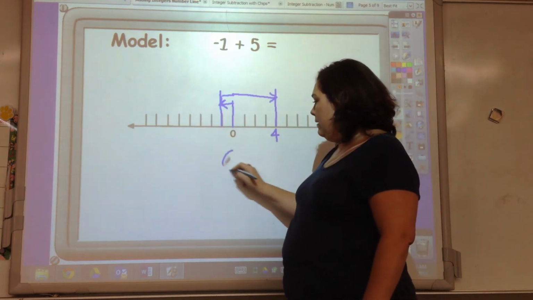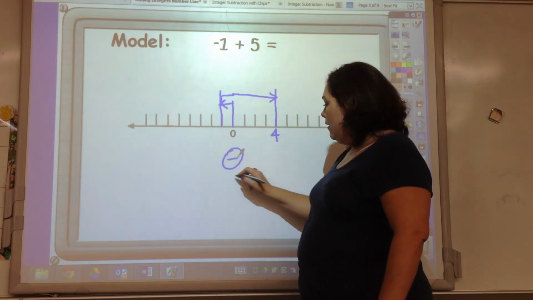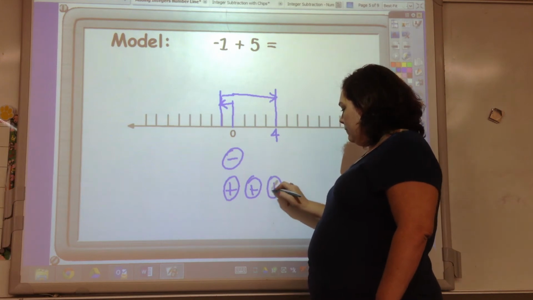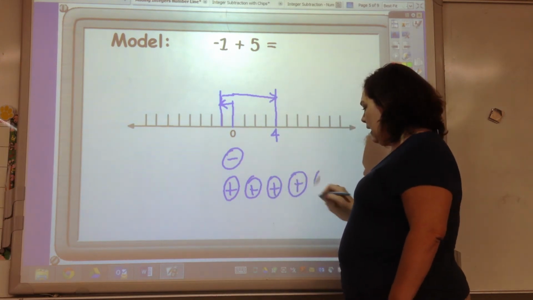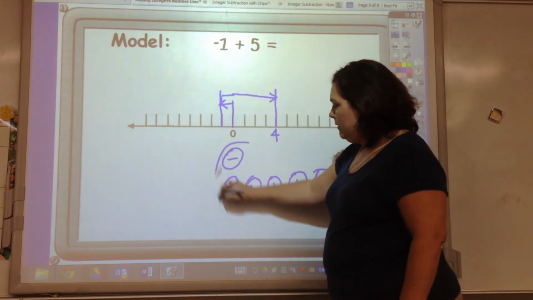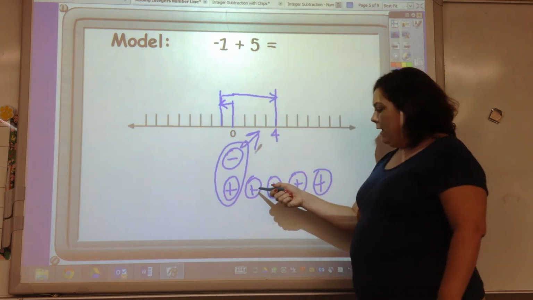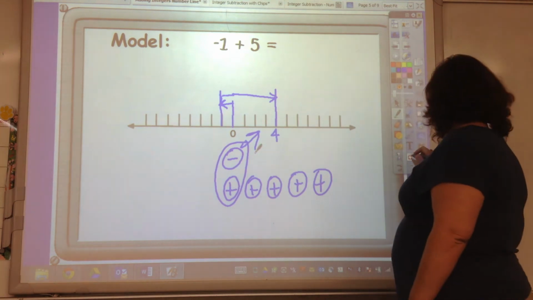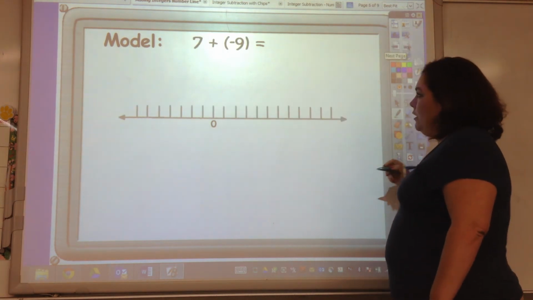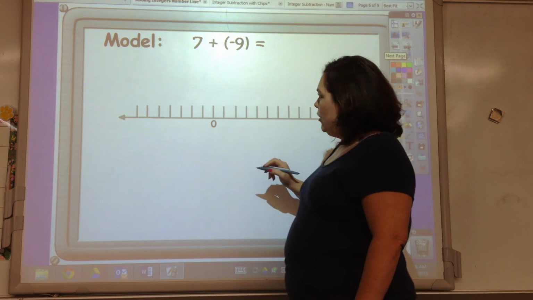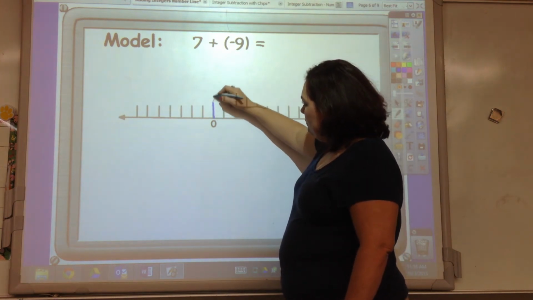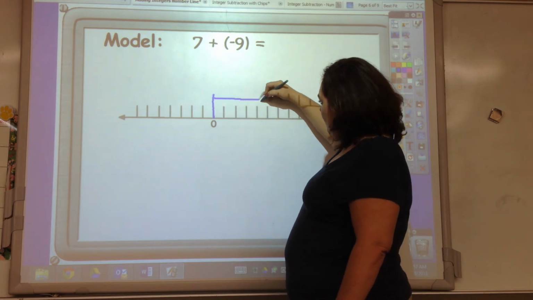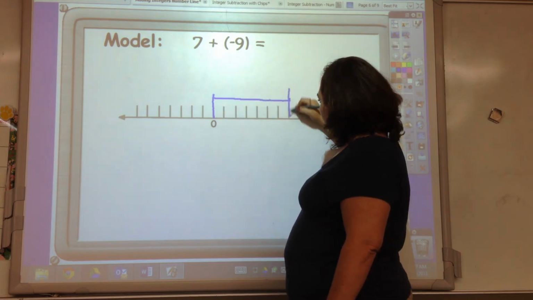And if I did the model of this, like we did with the integer chips today, this would be my 0 pair, and my answer would be 4 positives, and that's what this shows, 4 positives. Now, we're going to show 7, that's my first number, so I'm going to go over 1, 2, 3, 4, 5, 6, 7.